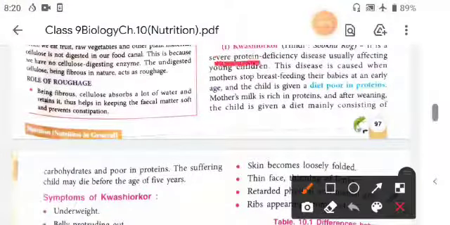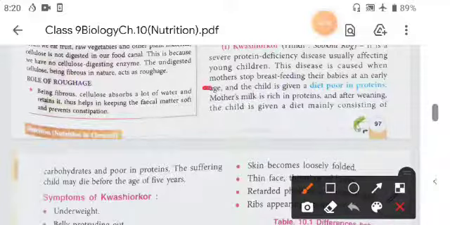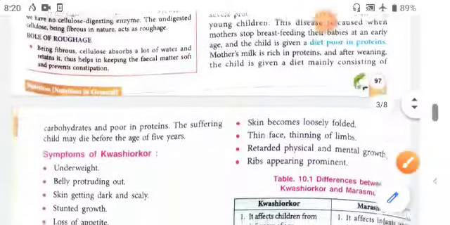So Kwashiorkor is a protein deficiency disease and it usually affects young children. This disease is caused when mothers stop breastfeeding their babies, and due to that there is a deficiency of protein.